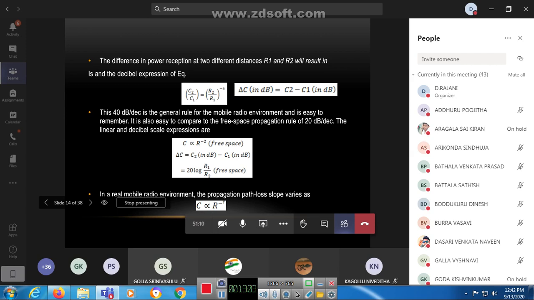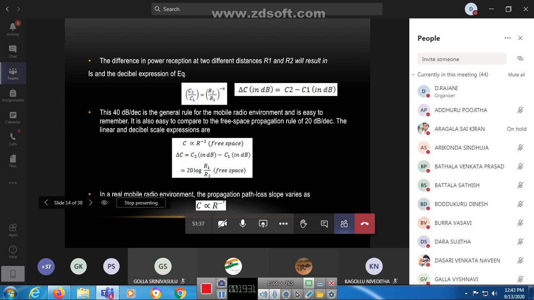So 40 dB per decade is the general rule for the mobile radio environment; it is very easy to remember. For free space propagation, we can take 20 dB per decade. What are the linear and decibel scale expressions for that? The reception C is directly proportional to R to the power minus 2, that is for the free space area.